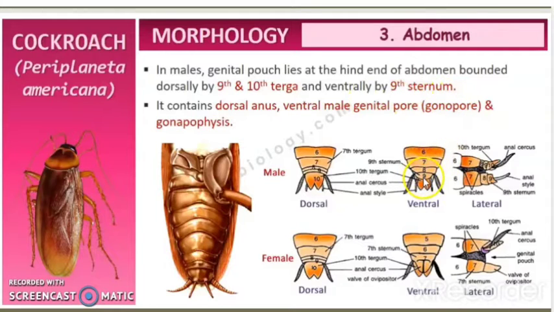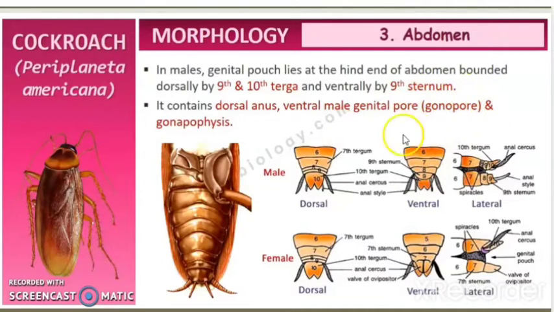Ventrally it is sternum, and dorsally it is called terga. Clear, children? The male cockroach's reproductive part in the abdomen contains the dorsal anus in the dorsal portion, and in the ventral portion the male genital pore, which is also called the gonopore.